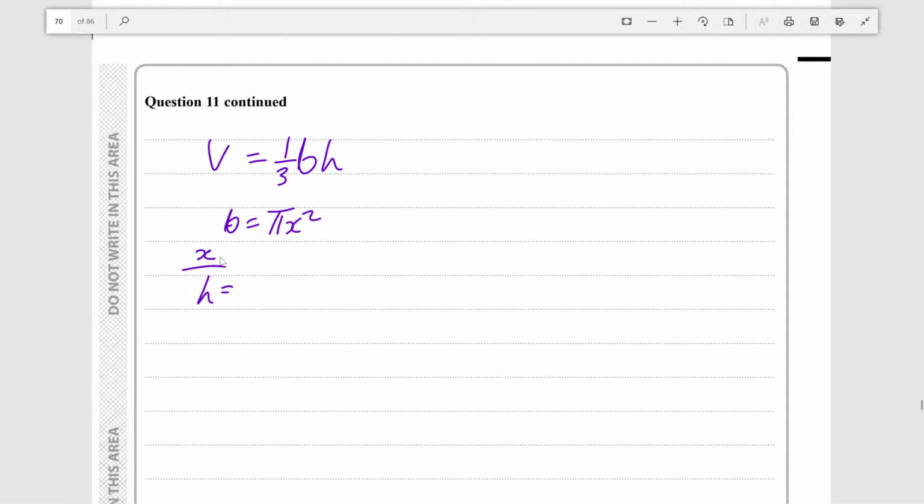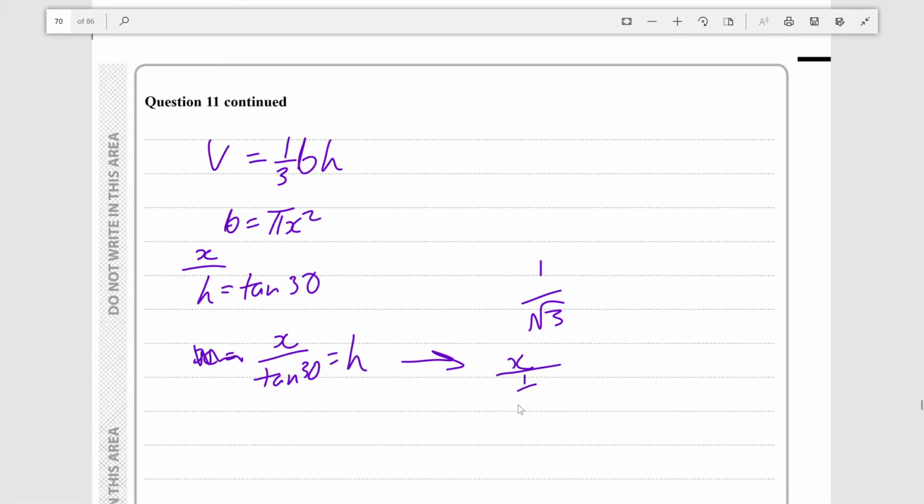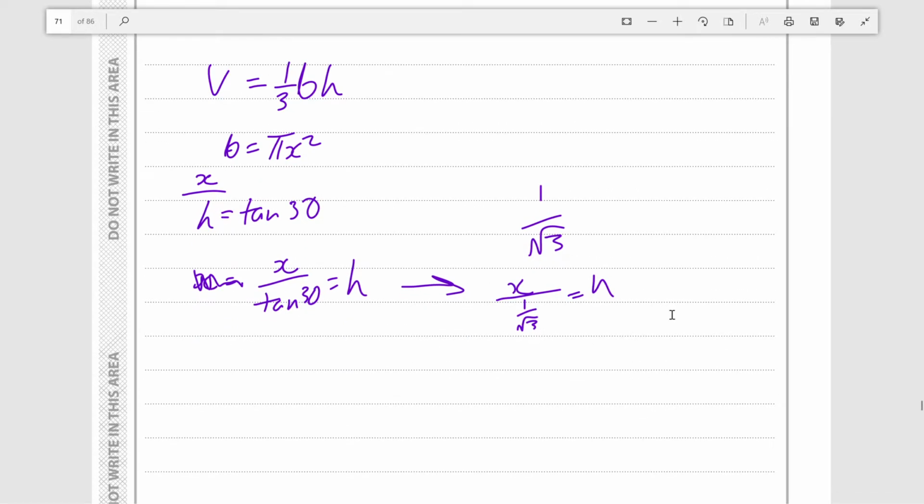the opposite is x over h must be tangent 30, x over tangent 30 must be h. Therefore, since tangent 30 is 1/√3, x over 1/√3 equals h, and this means that h is √3x.